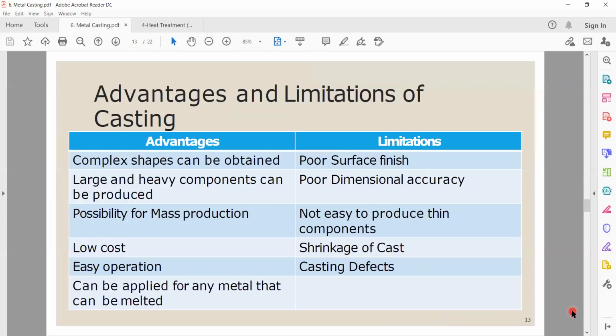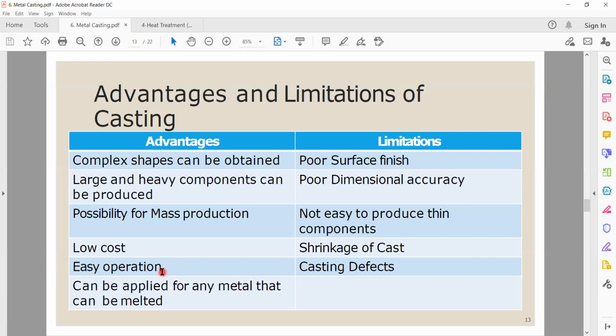Then advantages and limitations. Definitely casting defects are high, so the final accuracy is low, so poor surface finish. But you can make any complex shapes using this method, or produce any large or heavy component, right?